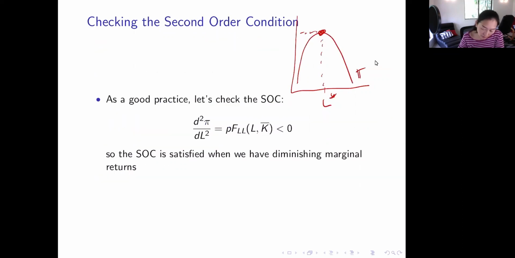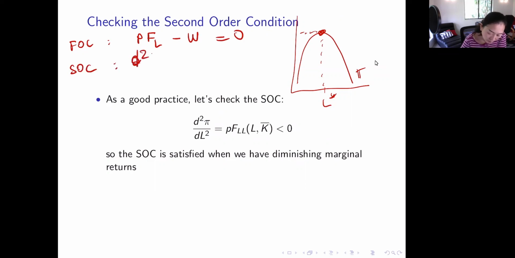So if we remember, the first order condition is P times MPL less W equal to 0, right? The SOC is the second order derivative of this function with respect to L. So that would give us P F_LL has to be negative.